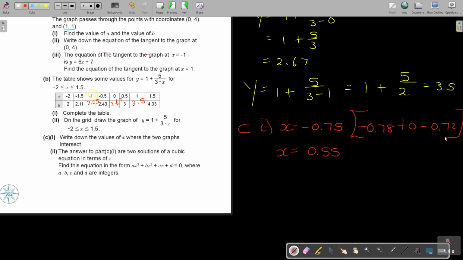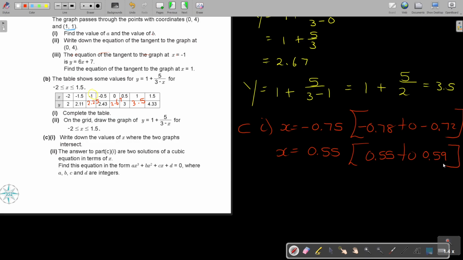So if you are in that range, you are correct. And if this one says 0.55 to 0.59, because you are drawing that graph, your curve can maybe be not so curved, and that's why they give you this range. Okay.